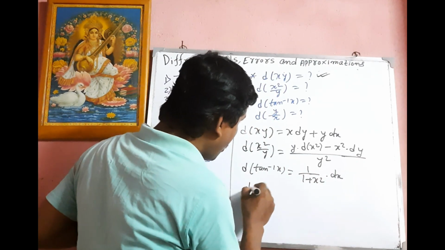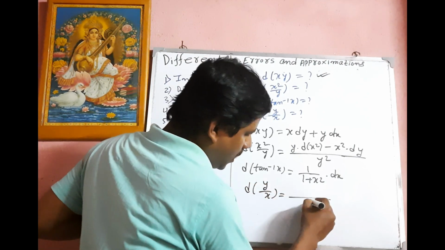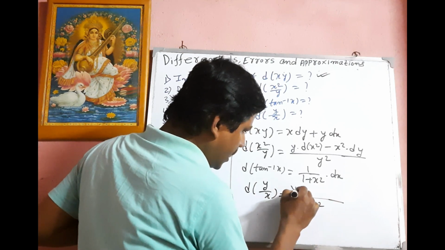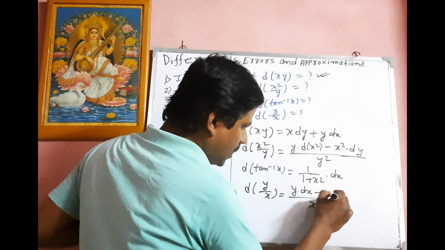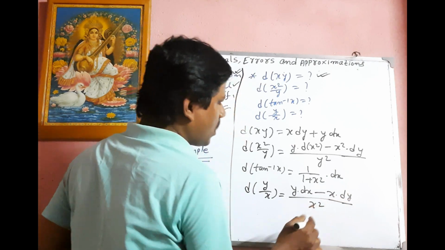And now d of y by x is equal to y into dx minus x into dy, divided by x square.